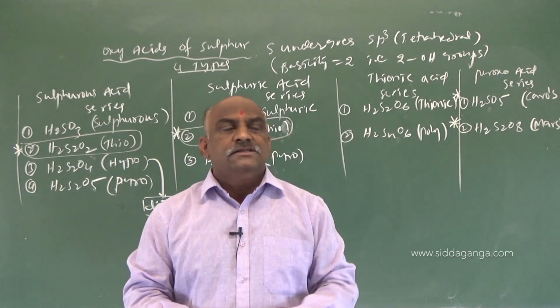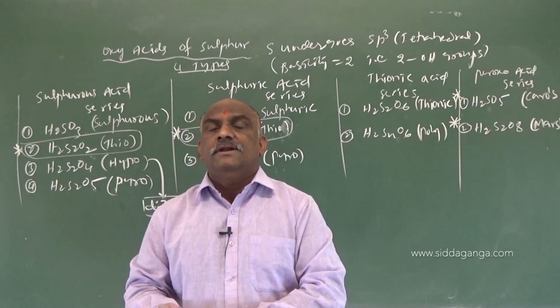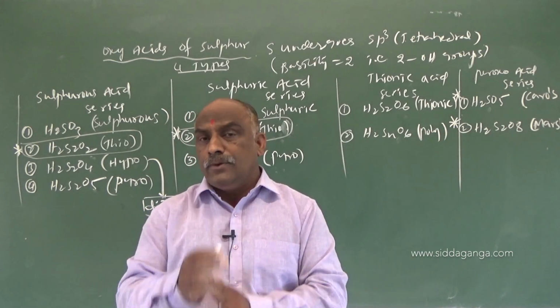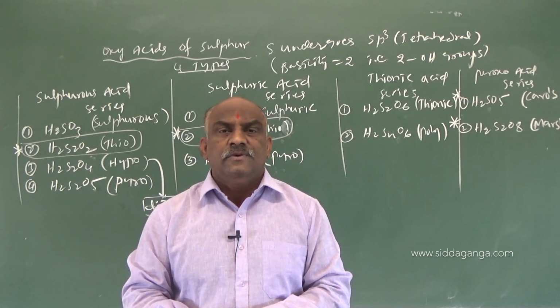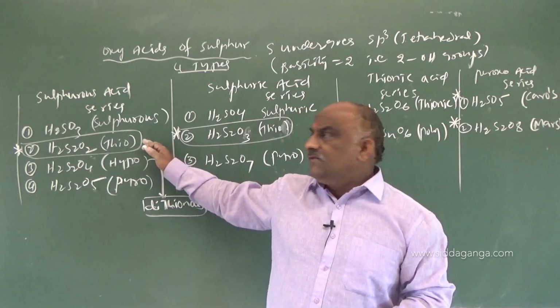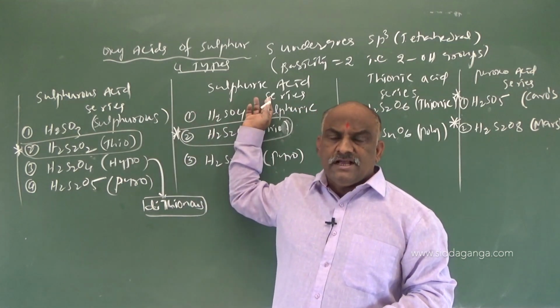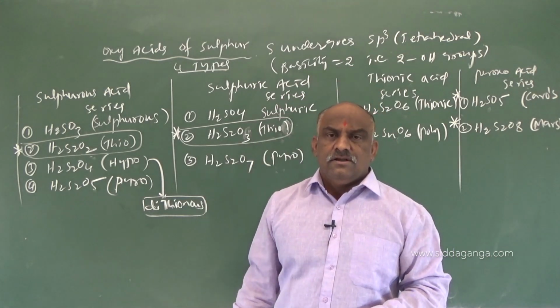Between S and S, a single bond takes place. Keep that point in your mind. Thio means a bond is formed between sulfur and sulfur. Clear. So it is the sulfurous acid series, sulfuric acid series, thionic acid series, peroxo acid series.